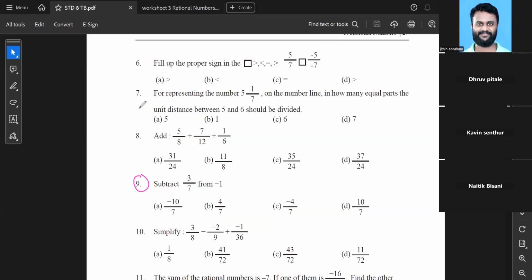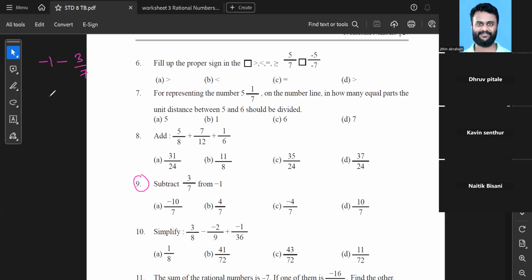Yeah. Now I'll solve this problem. Question number 9. So I have to subtract 3 by 7 from this number. So basically, -1 is my first number from which I have to subtract 3 by 7. Okay. Now, how to do it? Simple funda. So first of all, I have to make the denominators common. So for this number, I'll multiply 7 in the numerator and denominator.